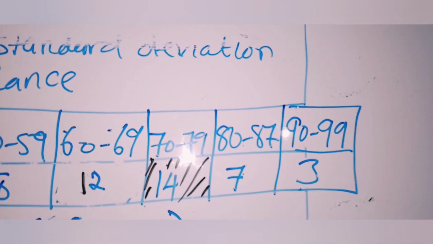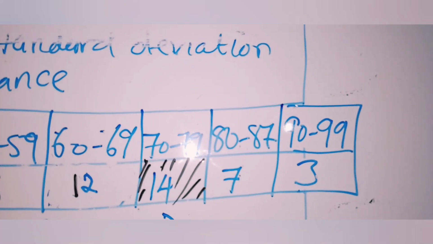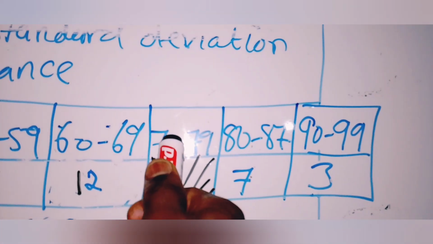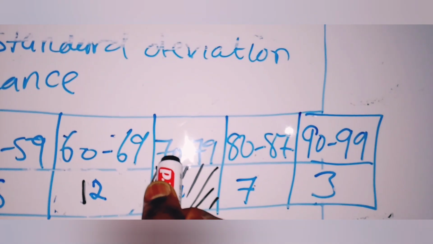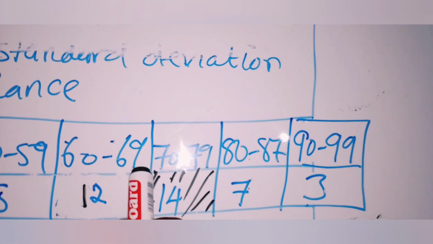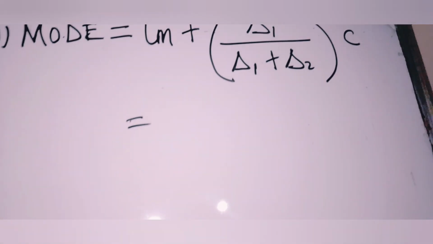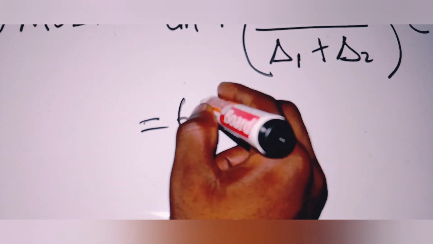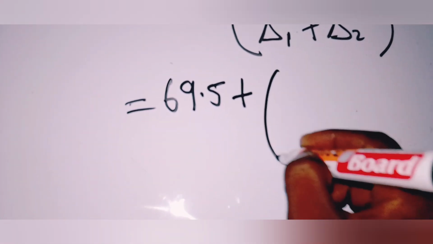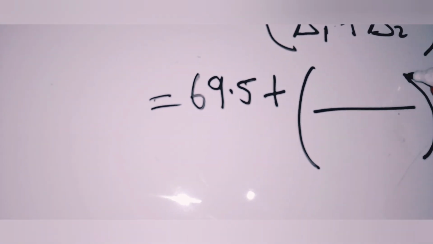So what is the LM here? If we had 14, the lower class boundary is what? 70 and 69, right? So 70 plus 69, you divide by 2, which is 69.5. 69.5 plus, what is our delta 1?